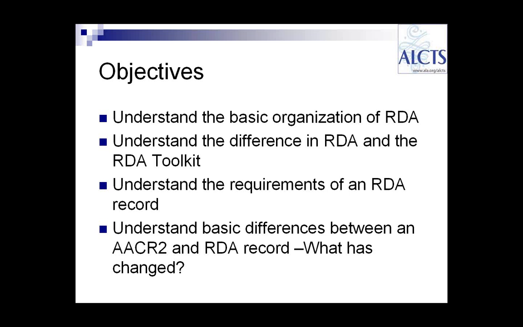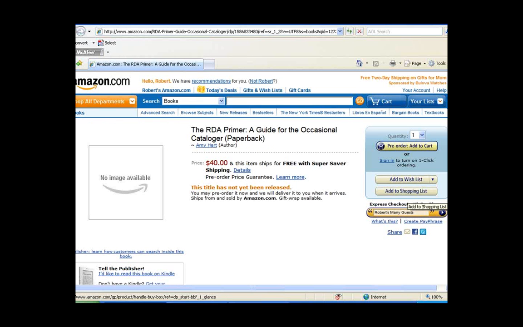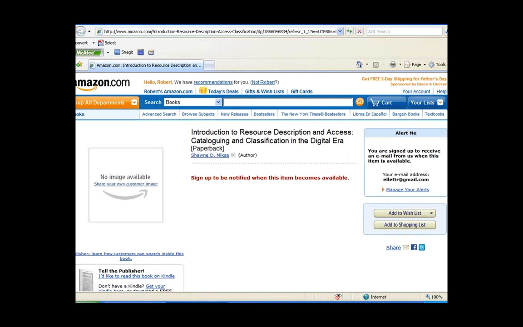I thought I would start out with, oftentimes presenters are asked, where did they get their information? Well, of course, I looked to Amazon, and I tried to find a book about RDA. And of course, I will make a plug for Chris Oliver's book. It's very good. But you can see that these books that I'm showing aren't yet published. So of course, I couldn't use them. And then I happened to remember that, okay, this is a published book.